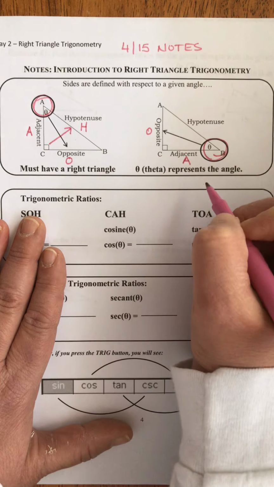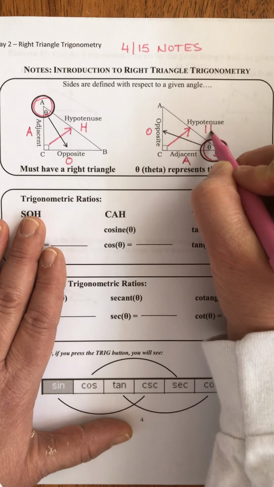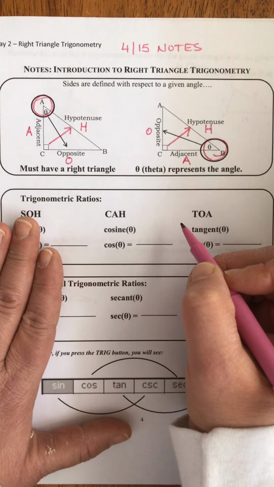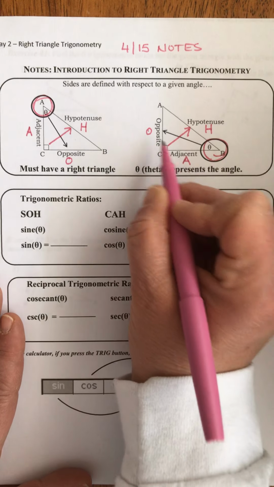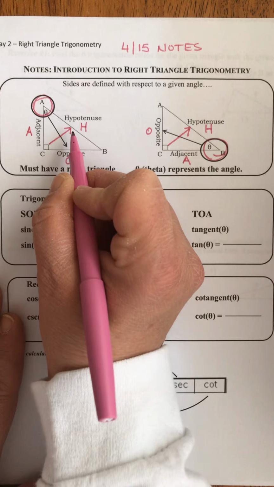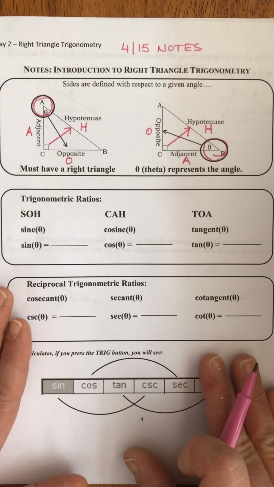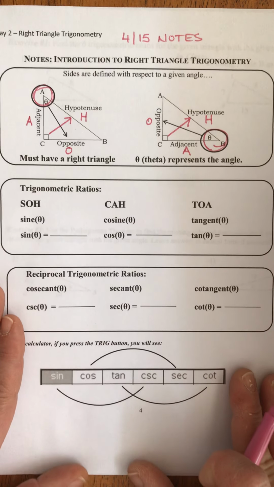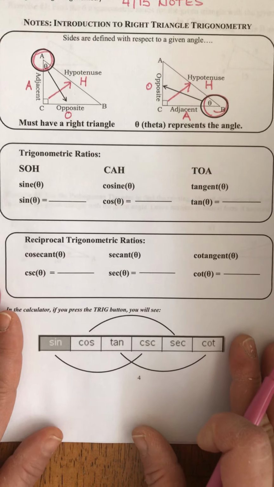That's a capital A. And across from the right angle is the hypotenuse, and we can label that capital H. Okay? So we can look from either end of the triangle, and it changes the O and A values. It doesn't change the hypotenuse. That's always across from the right angle. So we have to be careful about where we're looking from. Why do we care about labeling our triangle H, O, and A? It's because it gives us the trig ratios.